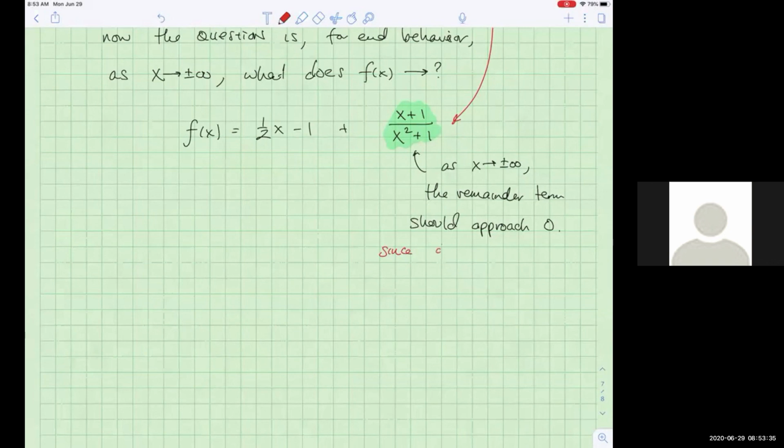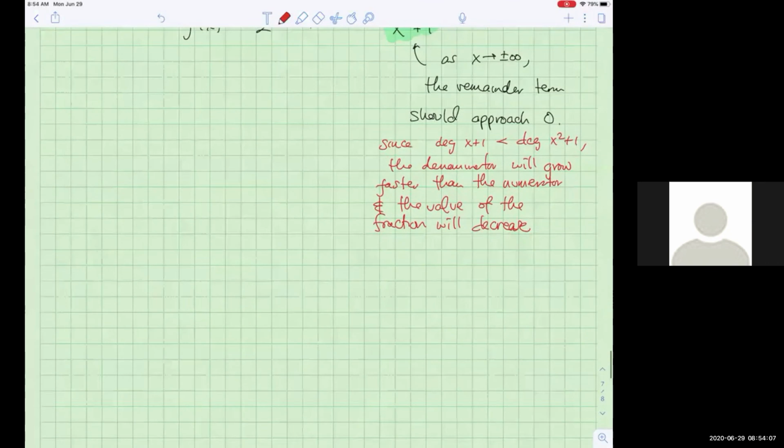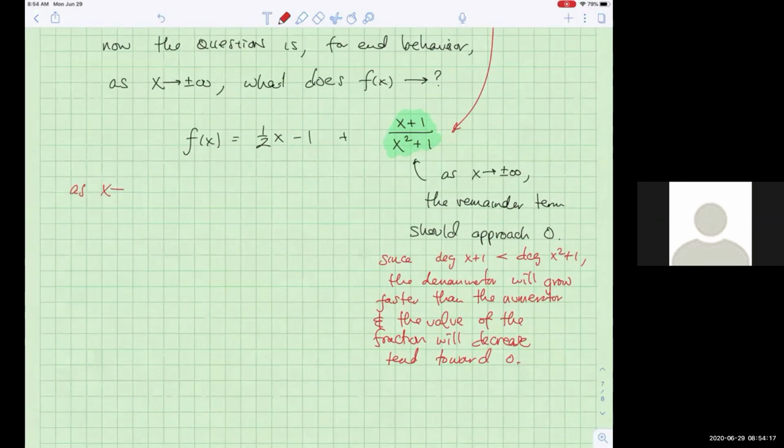Since the degree of x plus 1 is less than the degree of x squared plus 1, the denominator will grow faster than the numerator, and the value of the fraction will decrease. And as they say, tend towards 0.